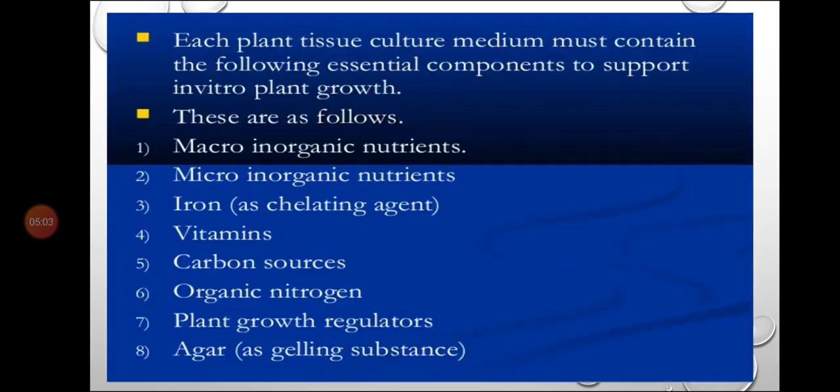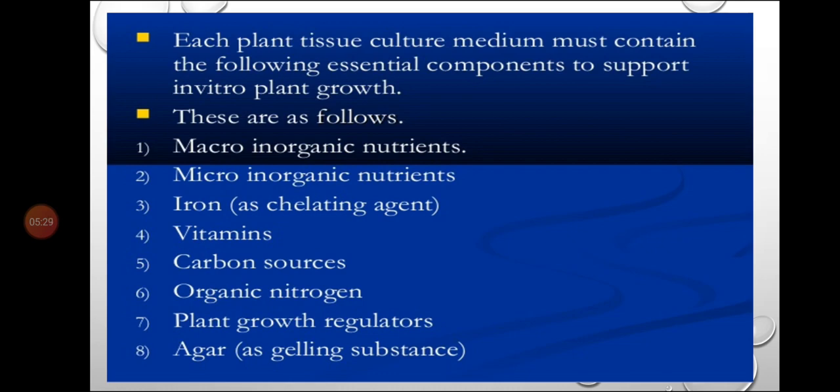Plant tissue culture medium contains all the essential minerals and sources of carbohydrates and proteins which are required for the support of in vitro plant growth. Those components include iron, vitamins, carbon sources, organic nitrogen, plant growth regulators and agar-agar gel.